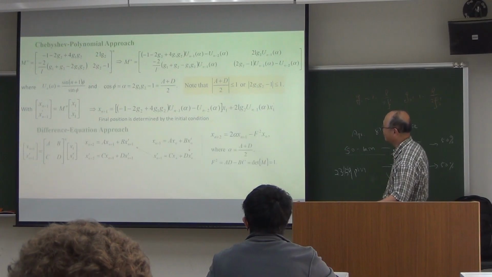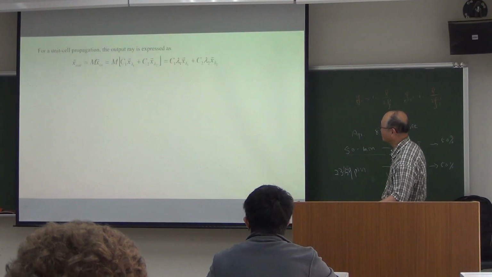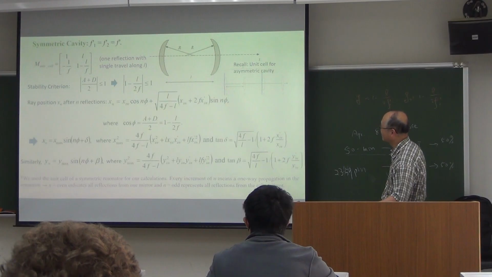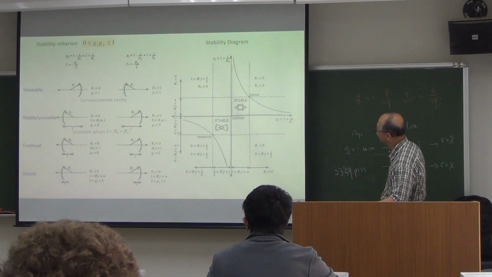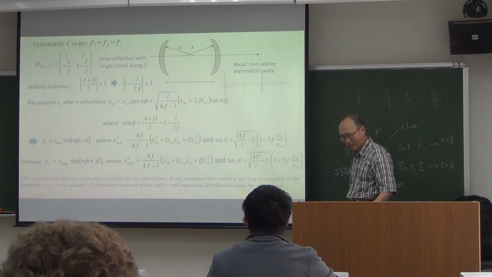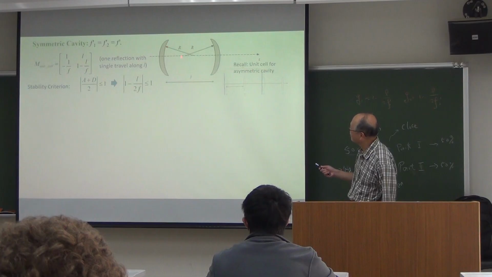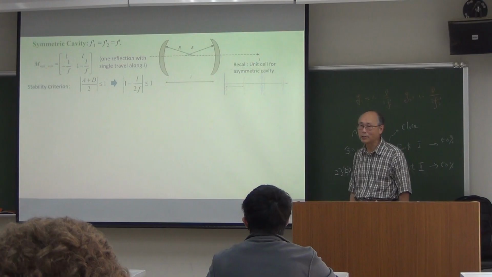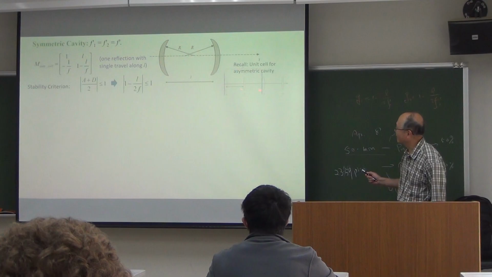Now, let's continue to simplify the system. Let's assume that you have a system that is a symmetric cavity like this. Now you have a symmetric cavity consisting of 2 identical mirrors with a radial curvature of R, and then you construct the lens array.